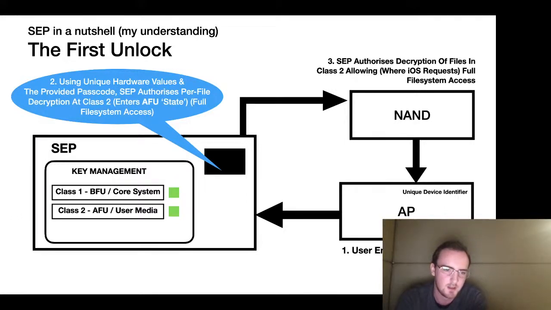All the SEP has to do if a device is disabled is stop accepting these requests for passcode entry. And so the user will never be able to unlock their device if it is disabled, unless again you have some sort of exploit, which I believe there is one that hasn't been released, but it has been talked about.